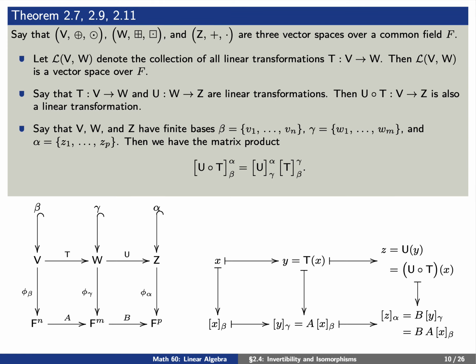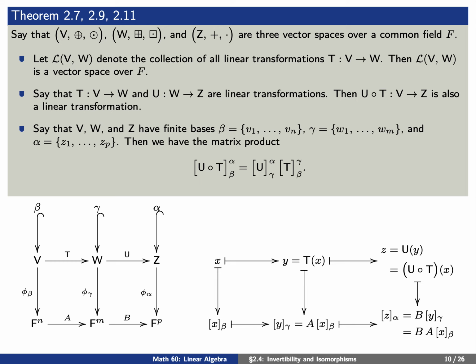A diagram here will help explain what we mean by all of this. Notice that beta is contained in V as a basis, gamma is contained in W as a basis, and alpha is contained in Z as a basis. We can use our standard representations, namely phi sub beta, to take a vector and consider it as a linear combination of the elements from the bases.